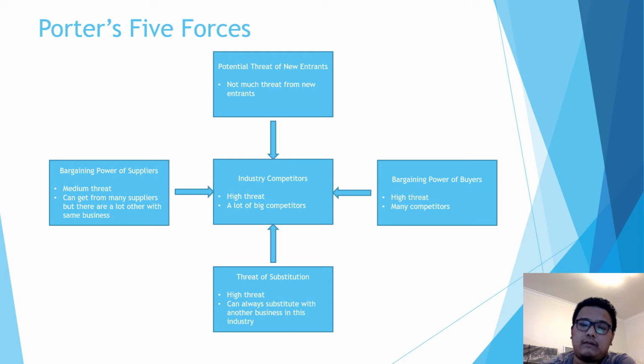There will be a very high threat in the case of the competitive forces. The main threat here is the industry competitor, and to moderate this threat we will be using CRM, customer relationship management.